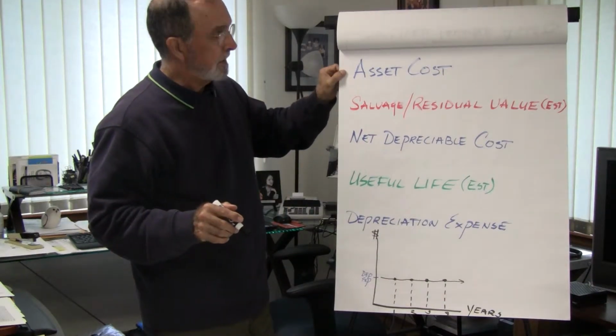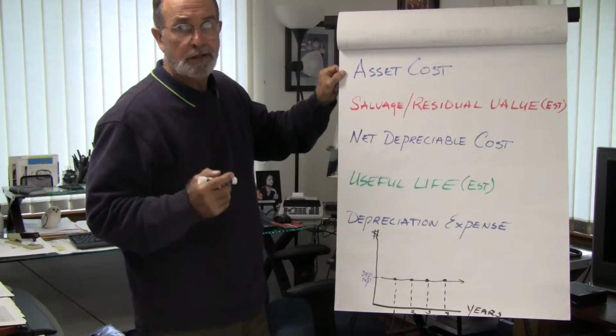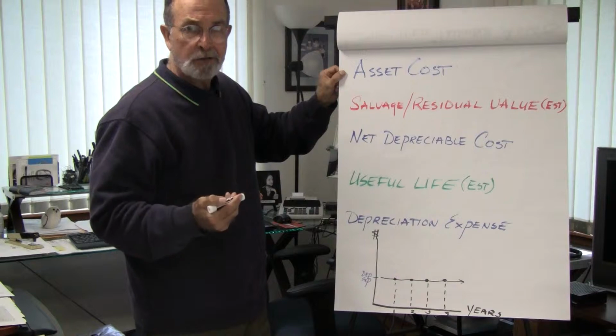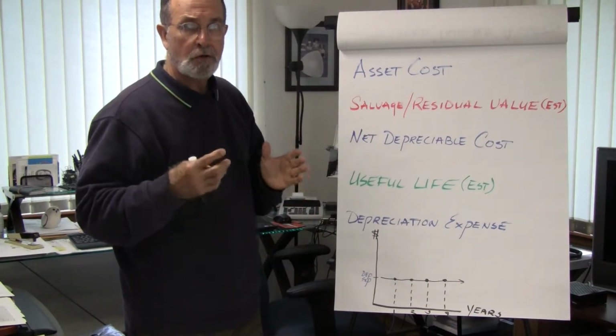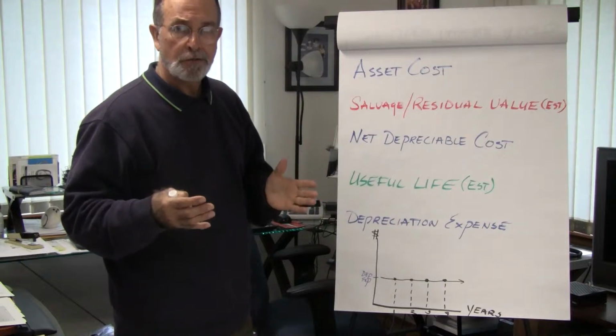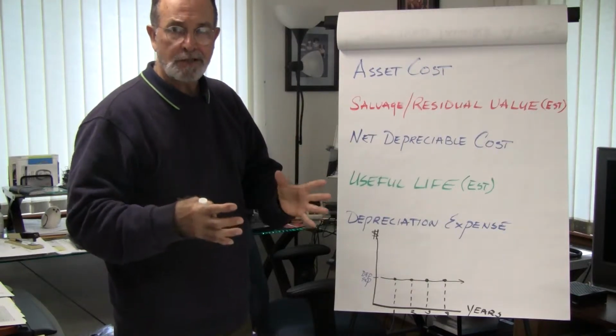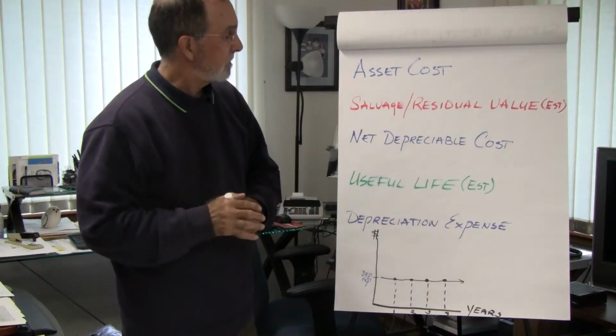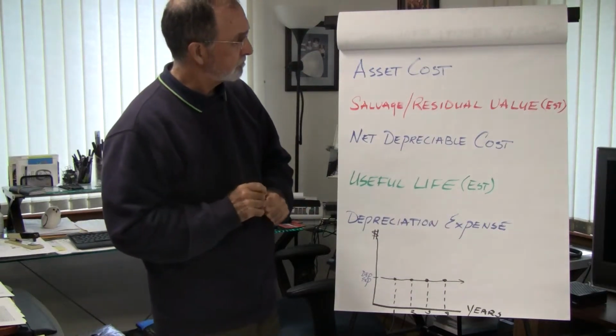We start with the asset cost, and as we discussed in the previous lesson, our acquisition costs include all reasonable and necessary costs incurred to get an asset ready for use in our business.